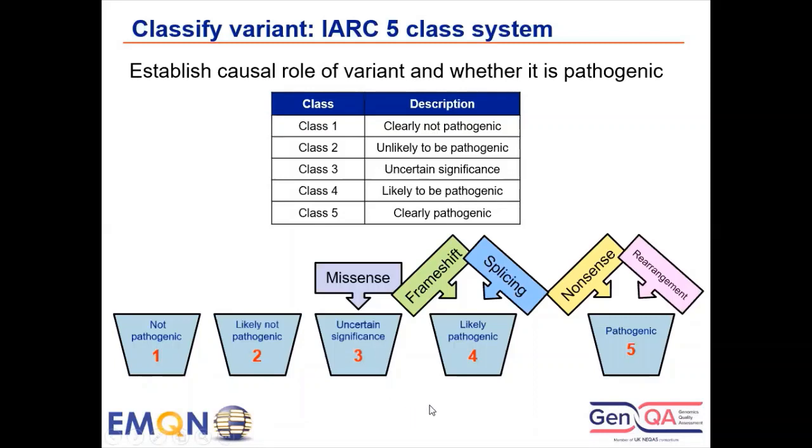So what kind of variants do we expect in the different classes? Well, the nonsense variants and the rearrangements and large rearrangements are in almost all cases clearly pathogenic. For the nonsense, we need to be aware that in BRCA2 there are some nonsense variants that do not belong to this class, but the large majority are just pathogenic.